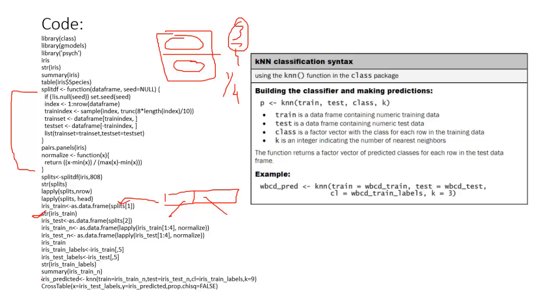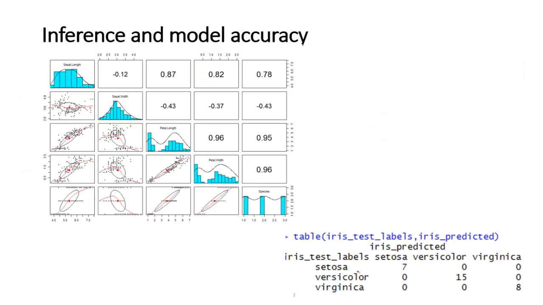After prediction and storing iris predicted, I compare the test labels and the predicted using a table. Here with this cross table, I have obtained setosa and setosa, all the 7 observations. Similarly for versicolor and virginica. As you can see, I have not got any false positives or false negatives, no errors. So this is 100% accurate.